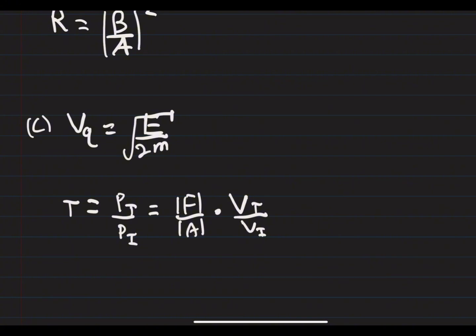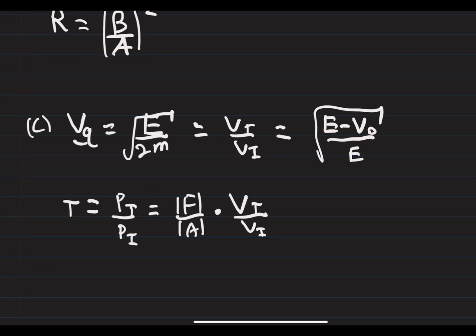And essentially what you're doing is you're saying that that is equal to vt over vi, this velocity. And in this case, it would actually be your effective energy, which is E minus V naught. And then you can substitute that into here.